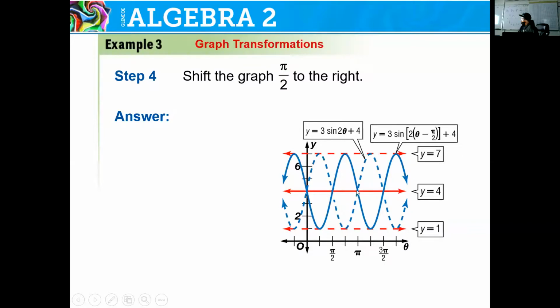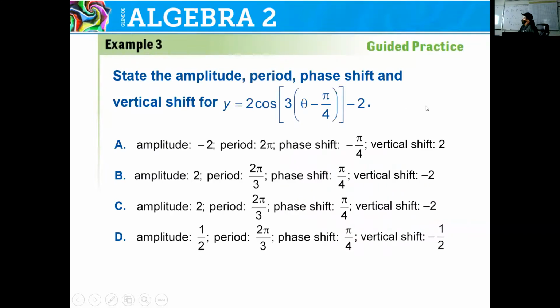Then at pi, I go back to the midline. Then at 5 pi over 4, I hit my minimum. And then at 3 halves pi, I get back to the midline. Then this would be 2 pi for my maximum. Okay, I don't necessarily like the way the book has done this. Okay, for this question, we can just use it in this format.